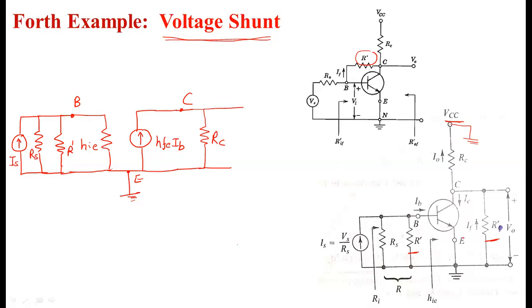Next component is R dash, which is again connected between collector and ground. So this is R dash, and across this we can take the output. So here we have the V node. So this is the complete simplified hybrid model for the given circuit.